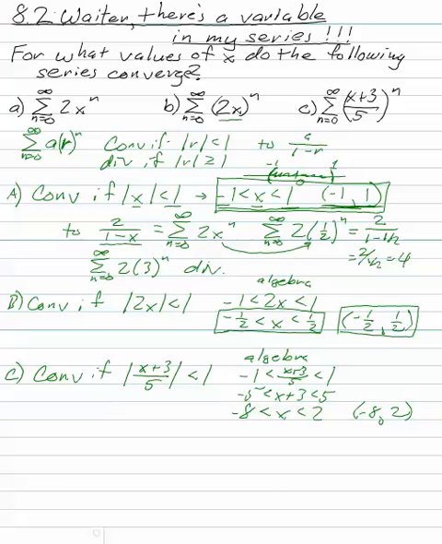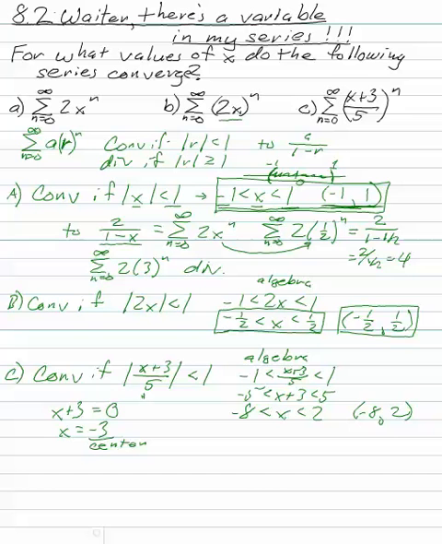Another way to see this, you're used to solving equalities. If x plus 3 was the root of a function, then x would equal negative 3. So that's actually what we call the center of this solution. So the center is negative 3, and our radius is 5.